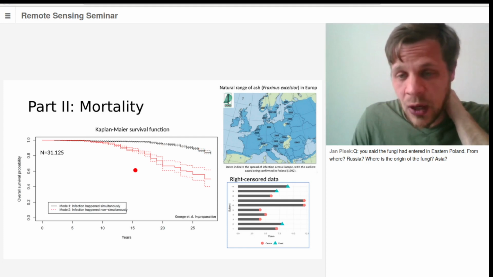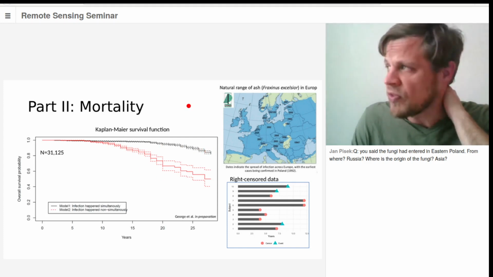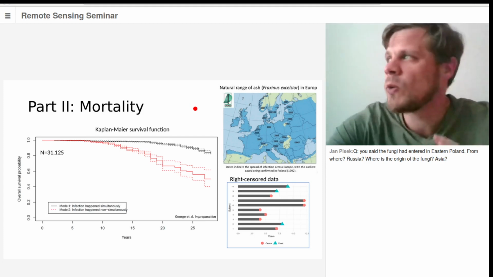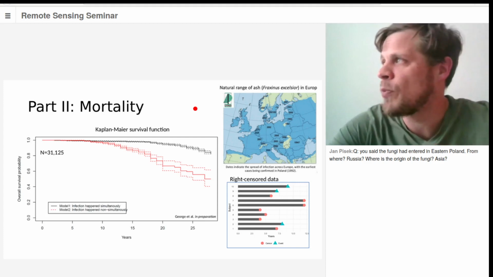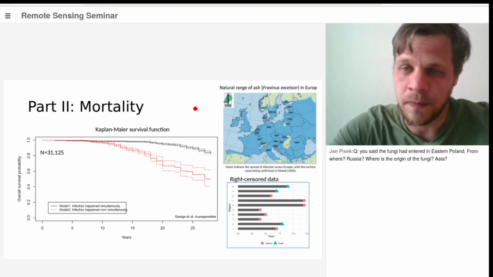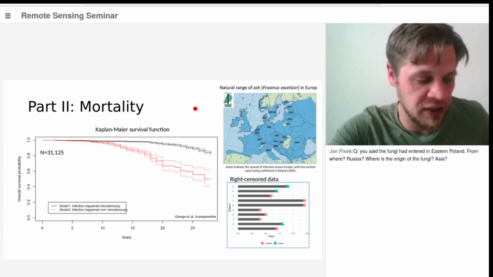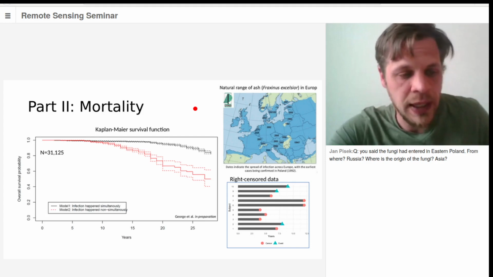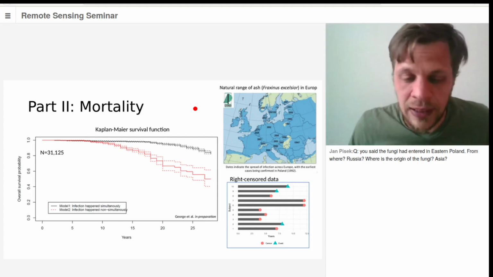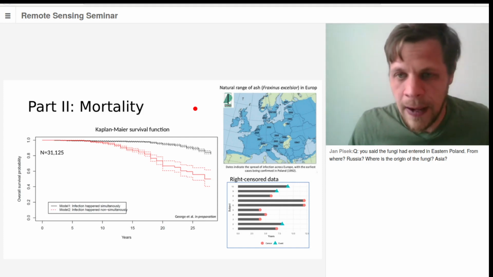In this case, our data is right-censored because, so how should I explain this? For instance, when you carry out a COVID-19 survey with patients, and you begin the survey at some certain time, and you want to know how long it takes until patients die because of COVID-19.